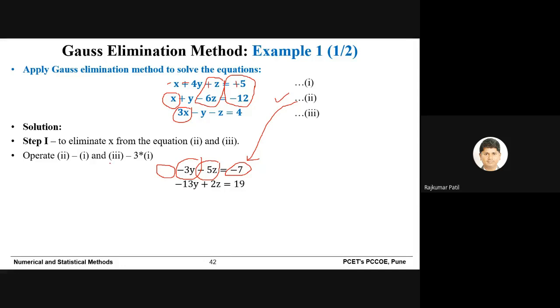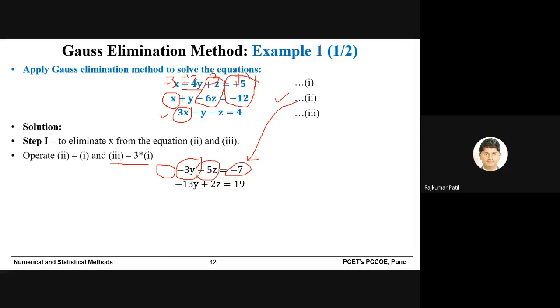So you can see a new equation which we got from equation number 2. Similarly, equation number 3 minus 3 times equation number 1. So multiply equation 1 by minus 3. So x becomes minus 3x, plus 4 becomes minus 12y, z becomes plus 3z, and minus 5 becomes plus 15.